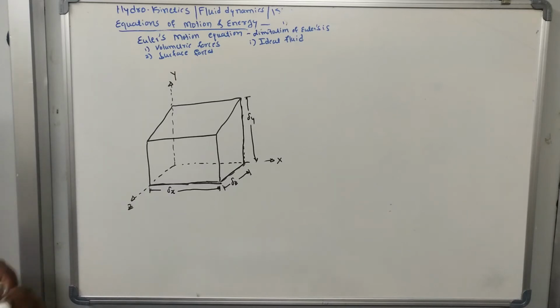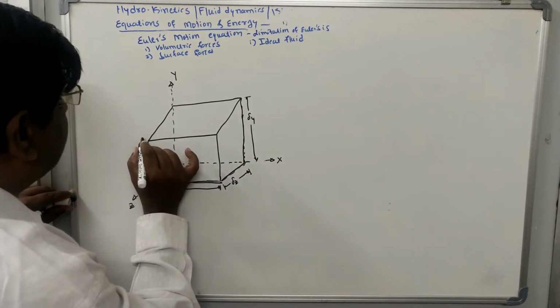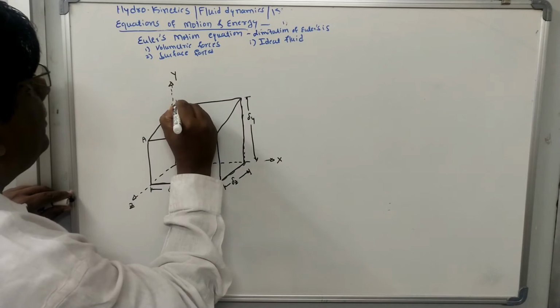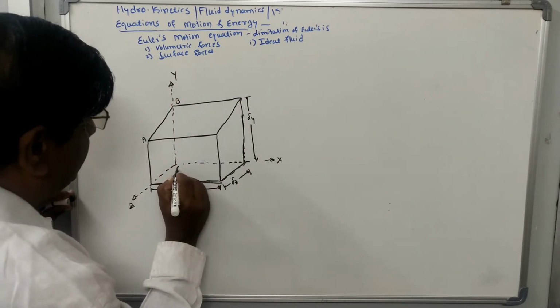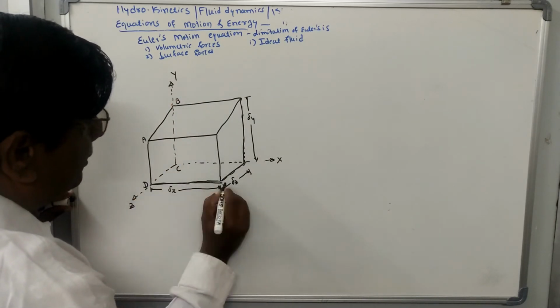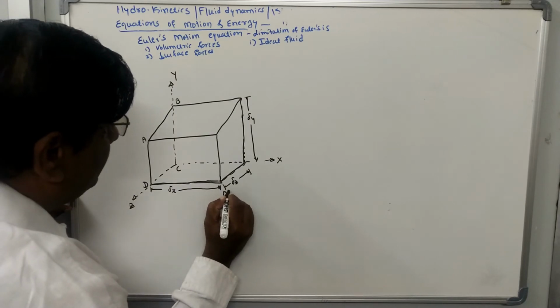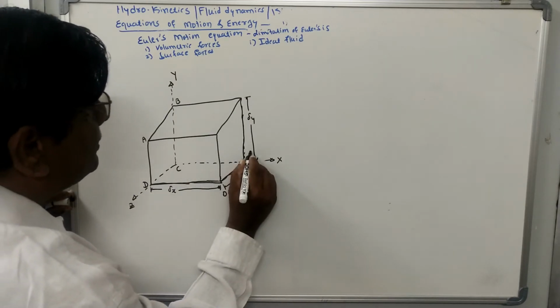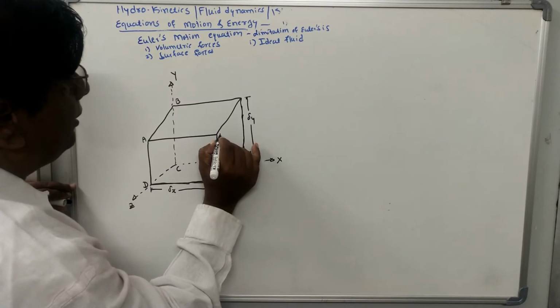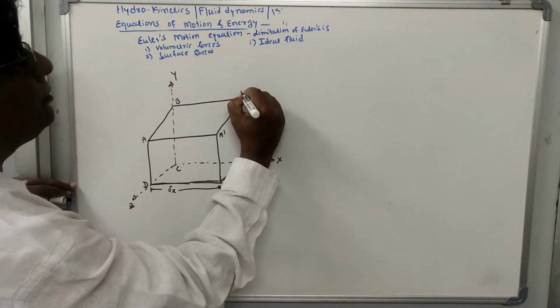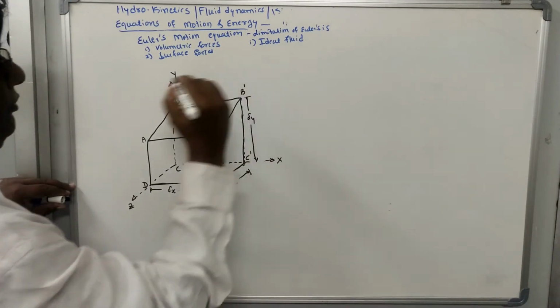Let us take the points as A, B, C, D, and D dash, C dash, A dash, B dash.